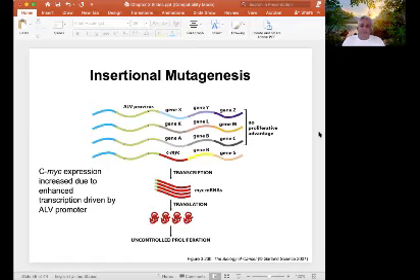Do you want more examples? Well, let's give you another one. So in this case, we have ALV, the provirus, going in and sitting down at different locations, right? So this was the example of it changing the level of transcription. In this case, it makes no difference because these genes are not important for the cell cycle, right? They may be important in some other biochemistry, right?